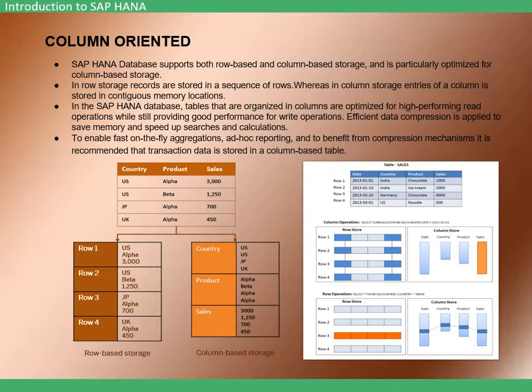So when we write the select statement, it is fetching the entire column, rather than going through all the rows and then fetching the value. So column oriented architecture is faster than the row oriented architecture as far as querying of the data and ad hoc reporting is concerned.